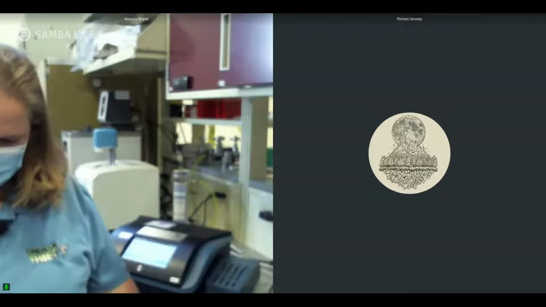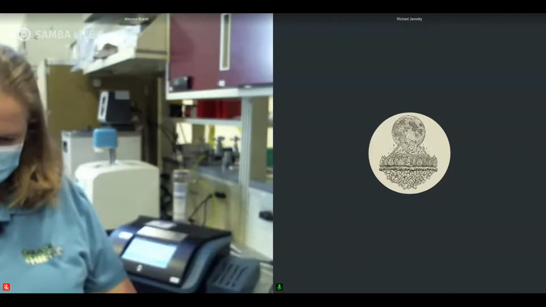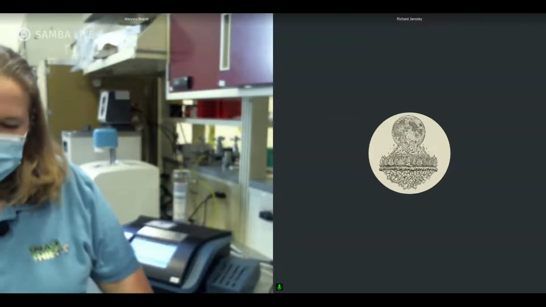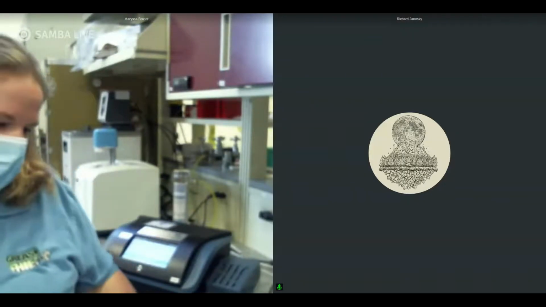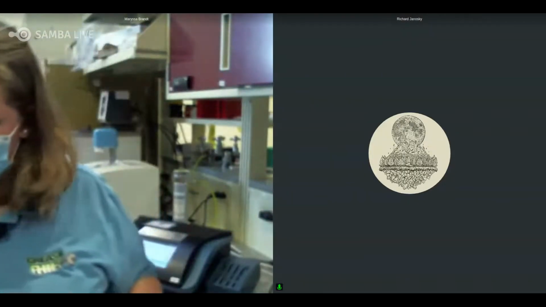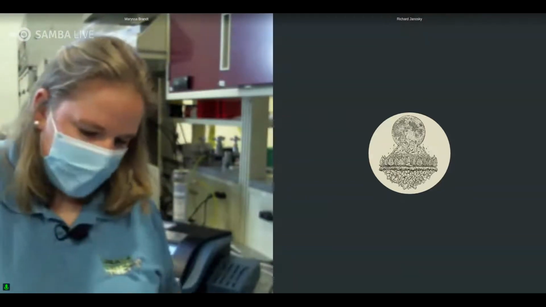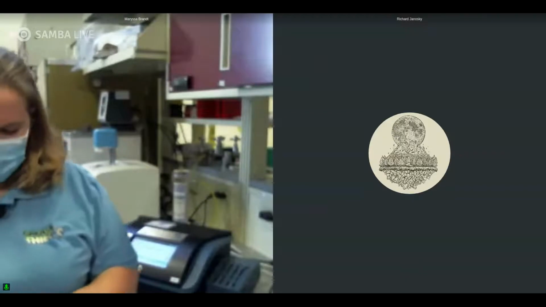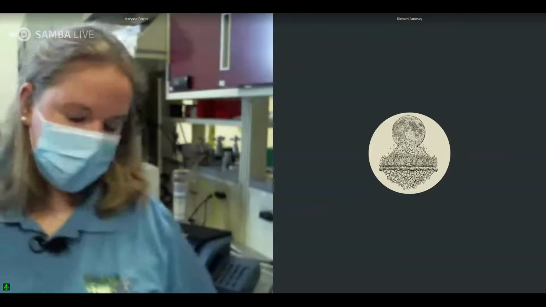There's another good question: how often, and do you have to clean the instrument? Yeah, great question. So you do not necessarily have to clean the instrument. We have found that with grease, some of that stuff can clog the instrument.